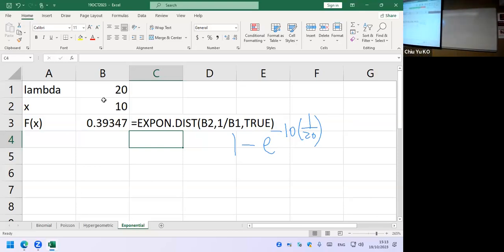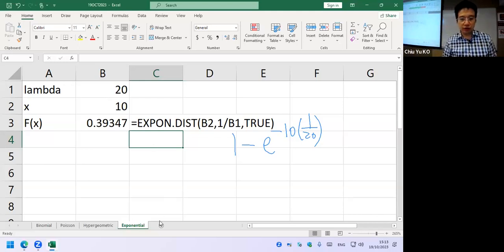The only complication I mentioned is the lambda I use. The notes use 1 over lambda. The reason is that every textbook has a different way to write it. I just use the one that is consistent with our notes, so you understand the relationship. Okay, is that clear?